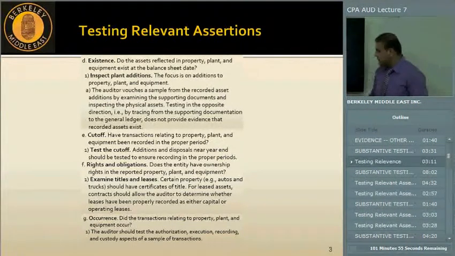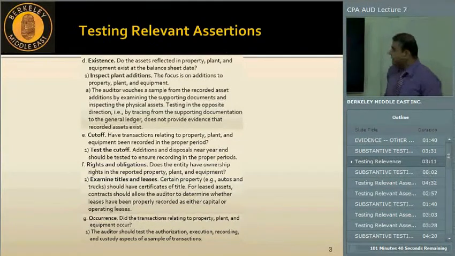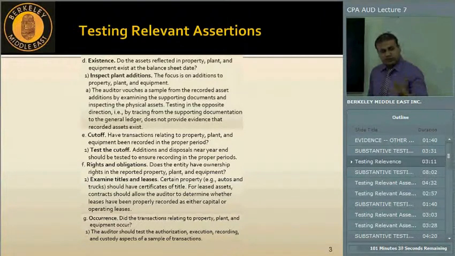And occurrence is whether a transaction related to property, plant and equipment actually occurred or not, and this is what we have to check. Classification and understandability: is the property properly classified in the proper account, and was it an asset for the company?